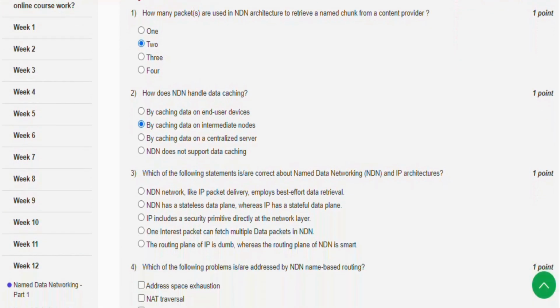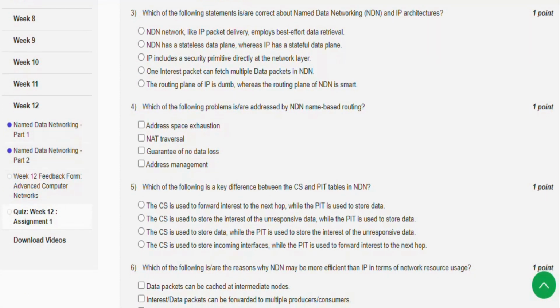Now get into the next question. Question number 3: which of the following statements is correct about named data networking, NDN and IP architectures? The options are: NDN network, like IP packet delivery, employs best effort data retrieval. NDN has a stateless data plane, whereas IP has a stateful data plane.